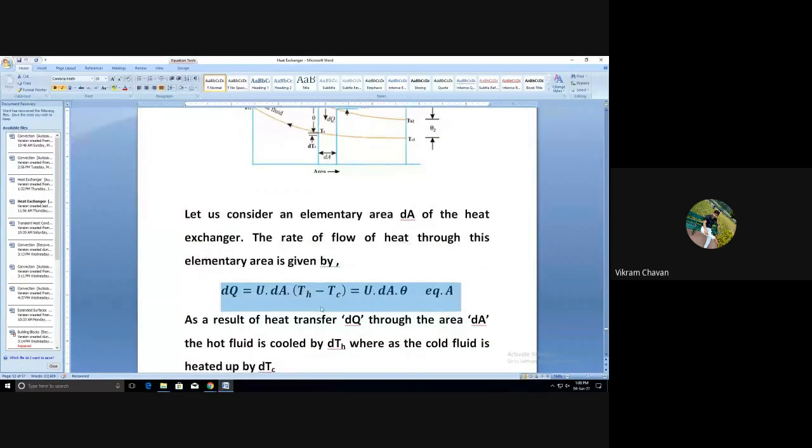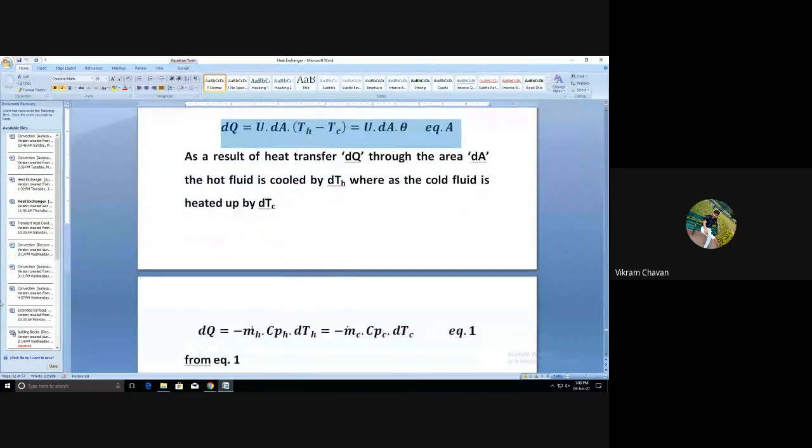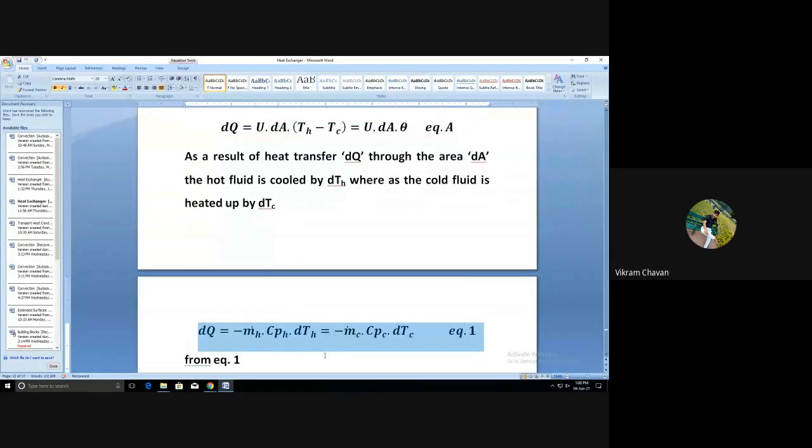As the fluid passes over that elementary area, the cold fluid temperature increases by dTc and the hot fluid temperature decreases by dTh. So we can apply the energy balance: the heat lost by the hot fluid is gained by the cold fluid. By considering this energy balance, we can write dQ is equal to minus m dot h multiplied by Cph multiplied by dTh.